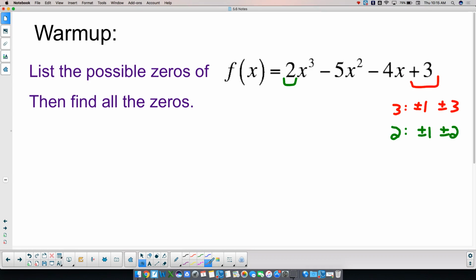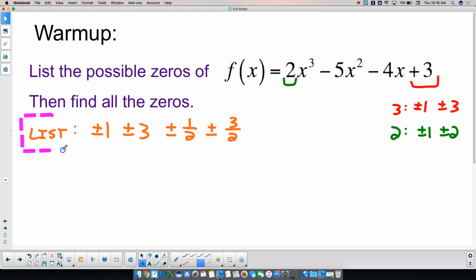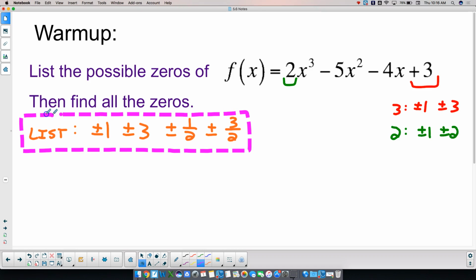So my list of possible real zeros is plus or minus 1, plus or minus 3, plus or minus 1/2, plus or minus 3/2. Okay, that's my list. That was the first answer to the first question: list the possible zeros of f of x. Boom, listed it.